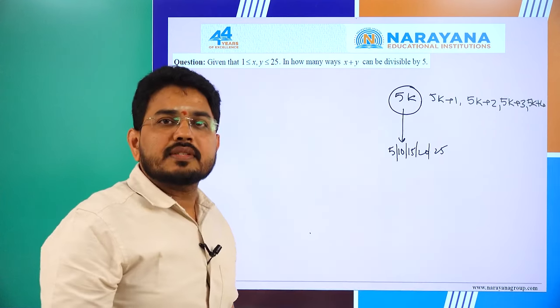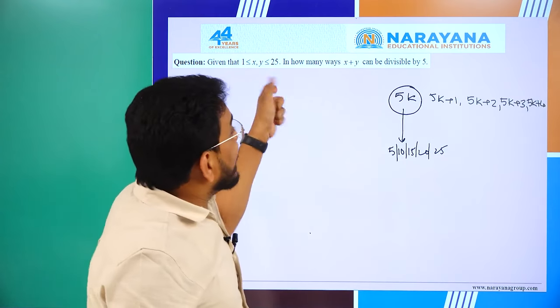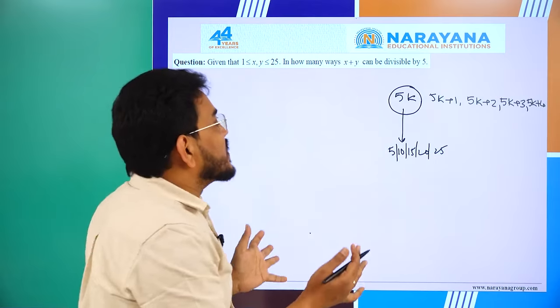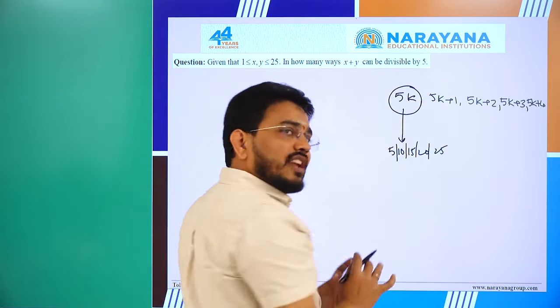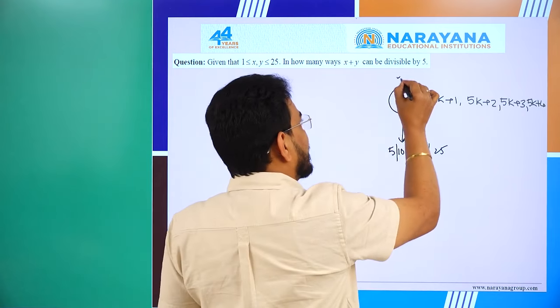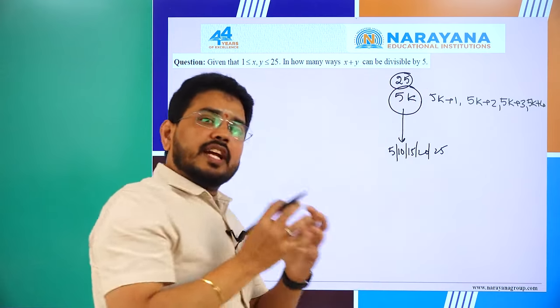So 5 numbers are there. They haven't mentioned that x is not equal to y, so how many ways can you take? For x 5 numbers, for y also 5 numbers. So you have here 25 ways from 5k.